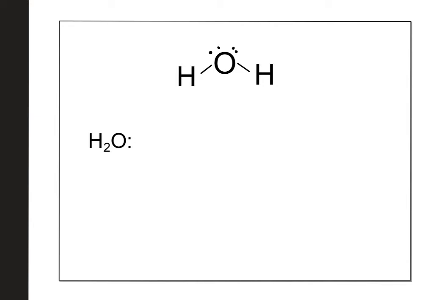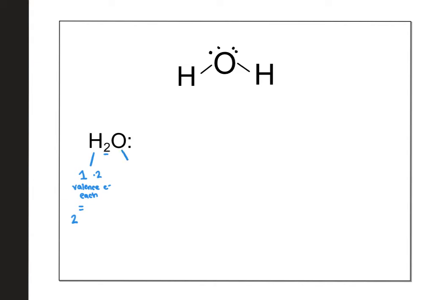So hydrogen is in the very first column or group, so that means each hydrogen has 1 valence electron. And because there's 2 of them, that's going to equal 2 valence electrons from the hydrogen. So we have 2 from the hydrogen.